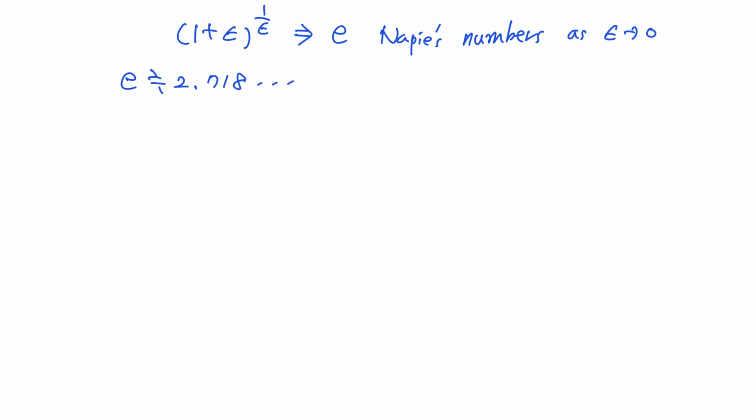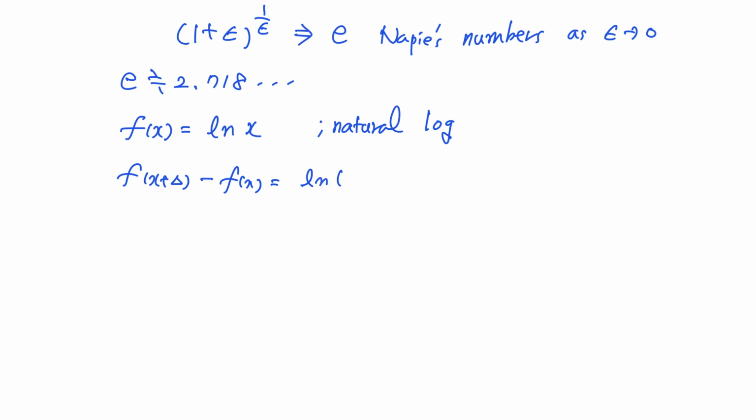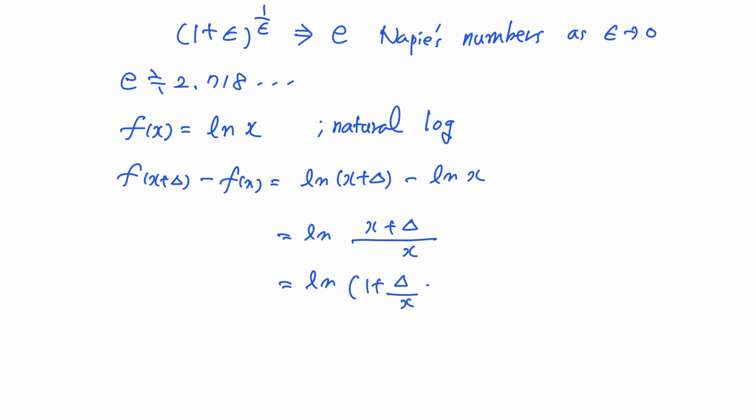So, for example, when f(x) is given by the logarithmic function, the natural log, then f(x plus delta) minus f(x) is given by ln(x plus delta) minus ln x, which is ln of (x plus delta) over x, which is given by ln(1 plus delta over x).